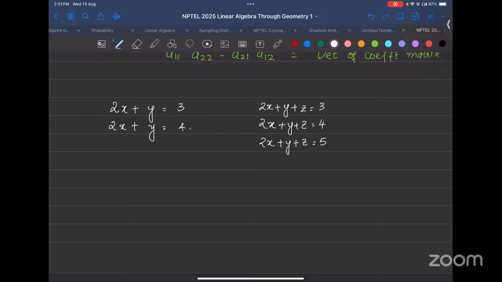So the correct answer is a homogeneous system with more variables, because in a homogeneous system, however many variables you take, the right-hand side is going to be all zeros. If the right-hand side is zero, then you can make all the unknown values zero to get a solution, which means the solution is always guaranteed for a homogeneous system of equations, whether it has more variables than equations, fewer variables than equations, or the same number of variables as equations.